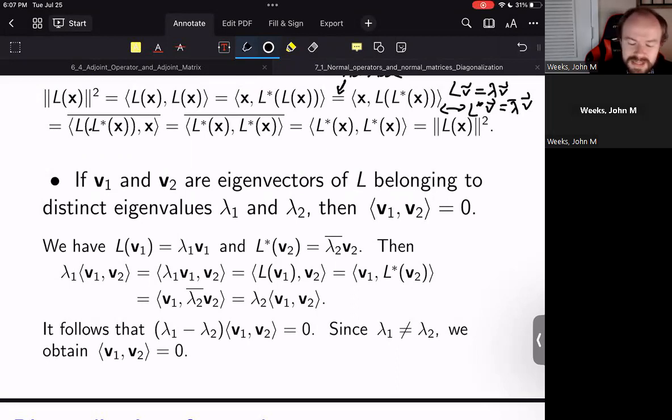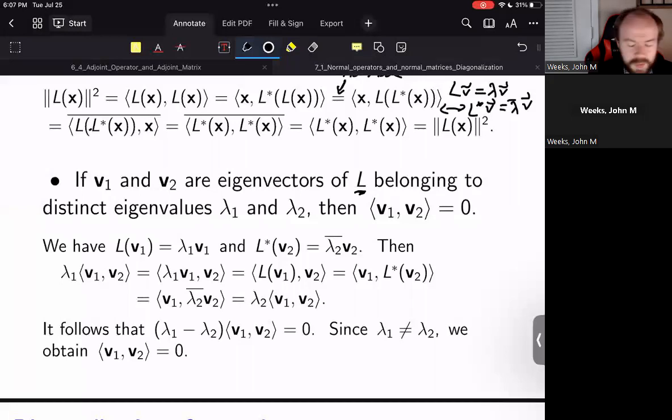The reason we can do this is that these are two eigenvectors of L, and L* has the same eigenvectors as L. But remember that its eigenvalue, when passed over to L*, gains this little bar right here.